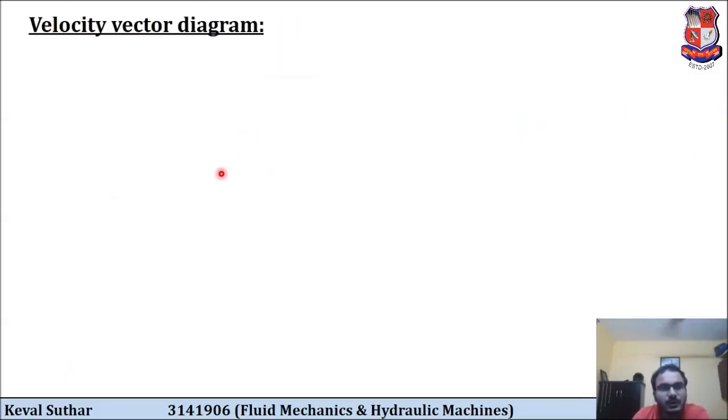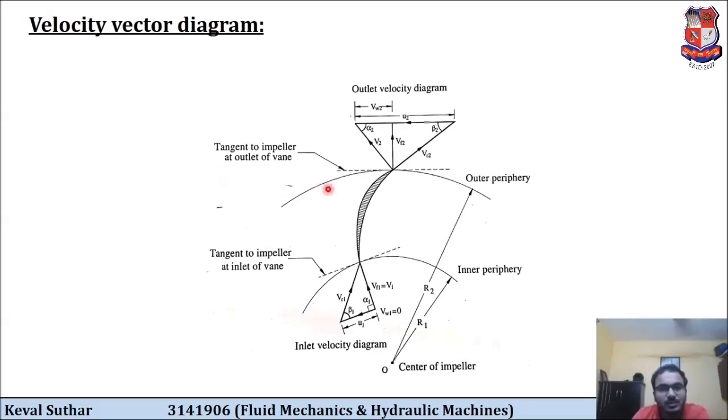Now the next is the velocity vector diagram. This is the velocity vector diagram for the centrifugal pump. In hydraulic turbines also, we have extensively gone through the velocity diagrams of turbines. Here we have the velocity diagram of the centrifugal pump, and it is somewhat similar apart from a few exceptions. Here we can see that the absolute velocity is entering radially, or the flow angle is 90 degrees at the inlet.